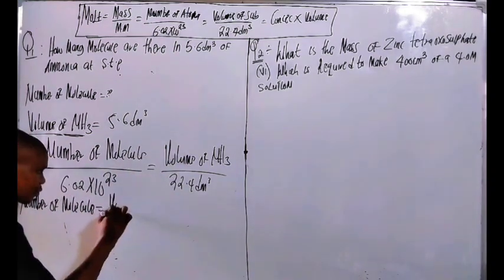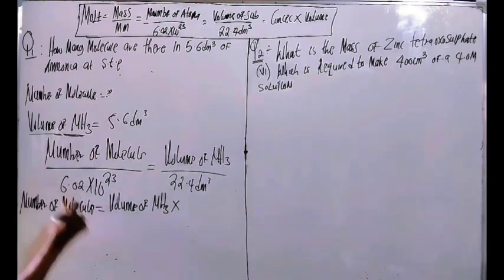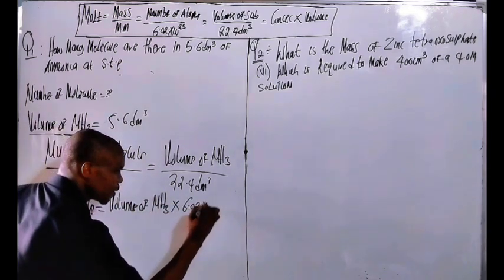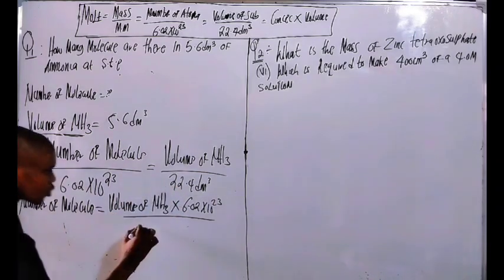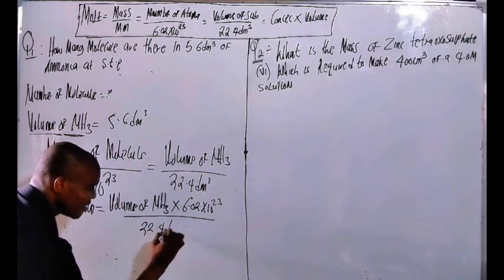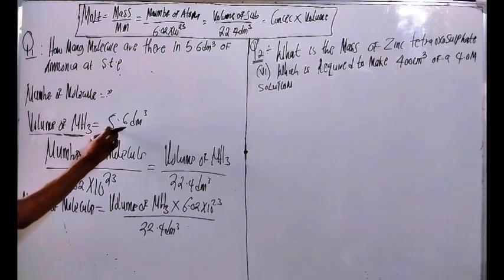So it's going to be volume of NH3 times 6.02 exponential 23 over volume at STP, which is 22.4 dm cube, right? So what I want to do here is input our values.